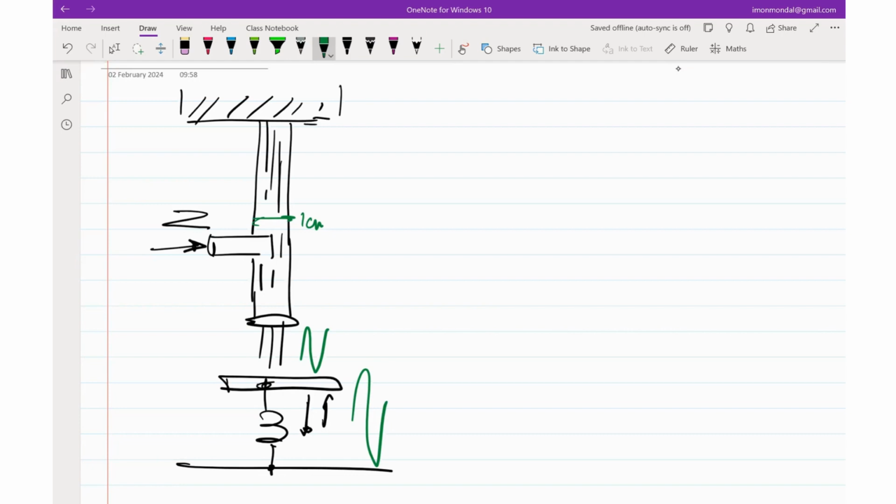So clearly, you can design this entire thing in such a way that this delta x and this delta y are not the same. You can always design the system in such a way that delta y can be much more than delta x, which means you have gain.